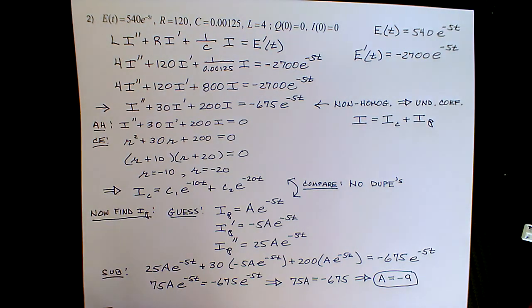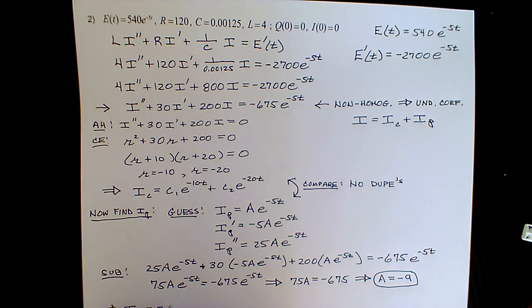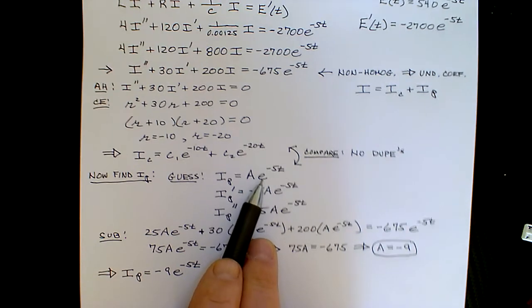Okay, so then that means that I sub p is equal to negative 9 e to the negative 5t, because here is our I sub p.